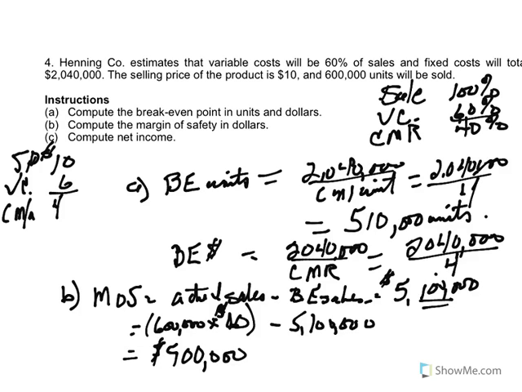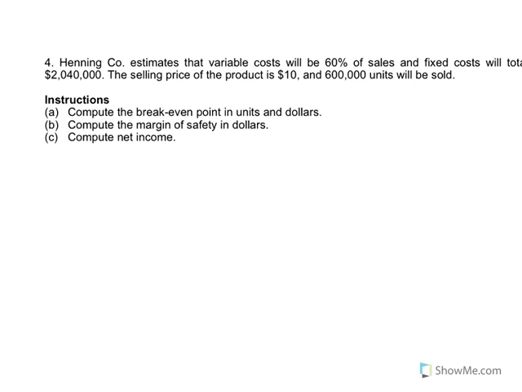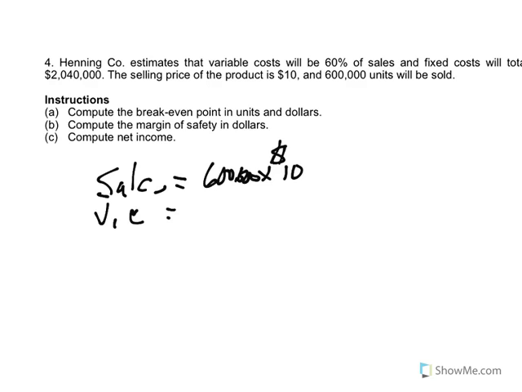Lastly, then, they want us to compute, not the break-even, the net income. Okay. Net income: sales equals 600,000 units times $10. Variable costs equal 600,000 units times $6.